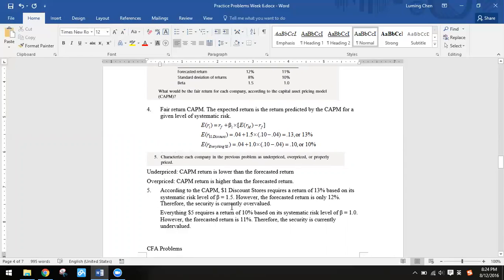So the security is currently overpriced. As for the second firm, it only requires 10% with the beta of 1.0. And the forecasted return is 11%. So the CAPM return now is lower than the forecasted return. As a result, the security is currently underpriced or undervalued.